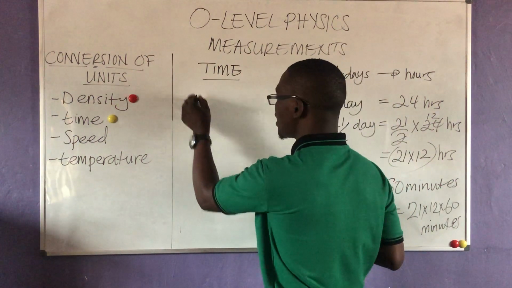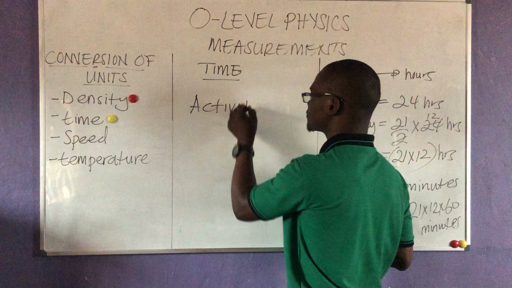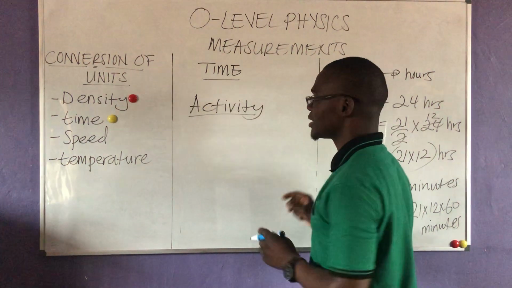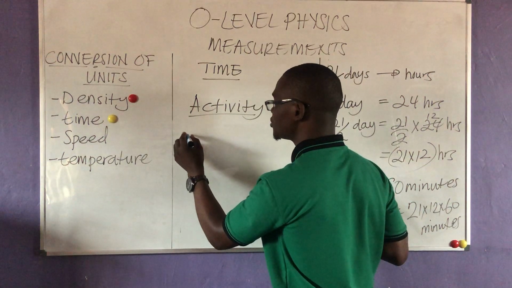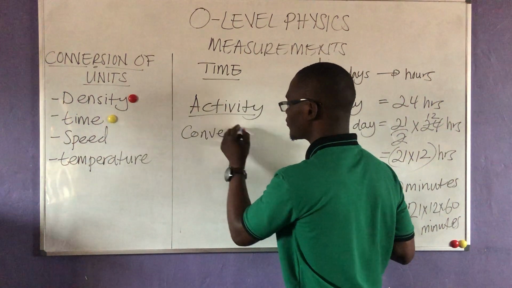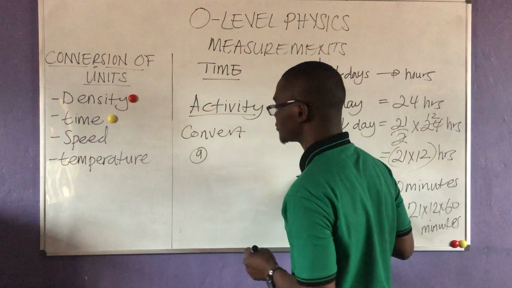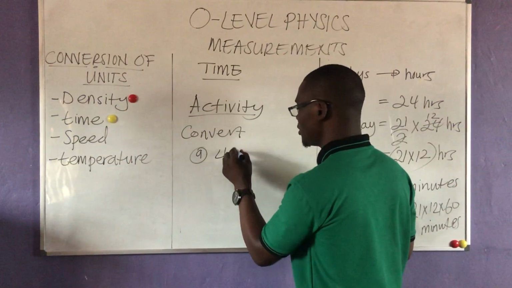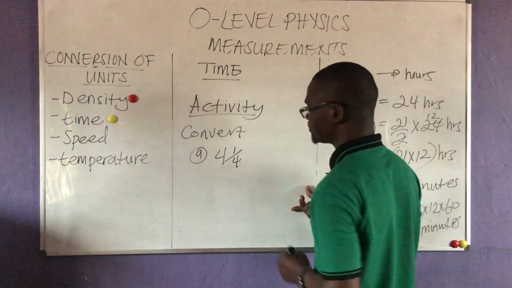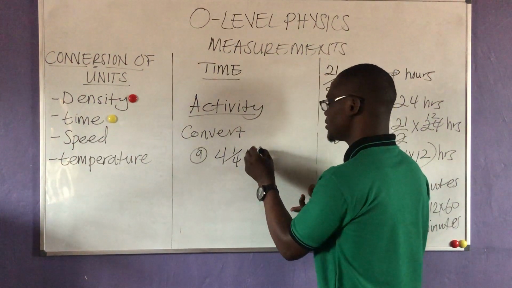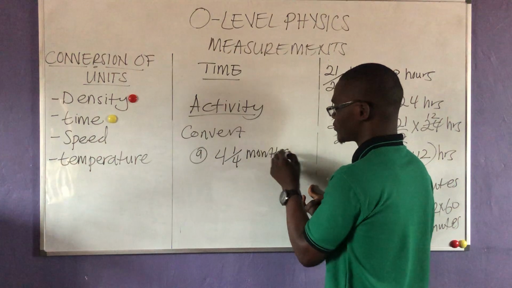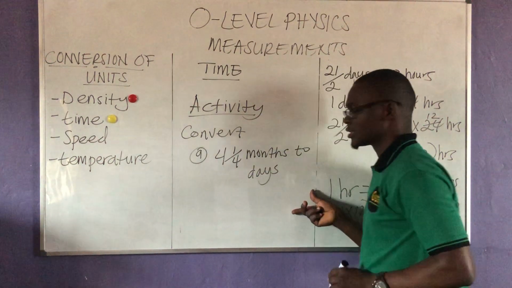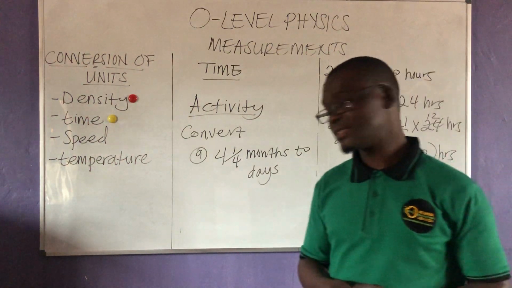So your trial activities, there are 2 numbers. That is number 1, you are going to convert, part A, 4.25 months to days. 4.25 months to days.